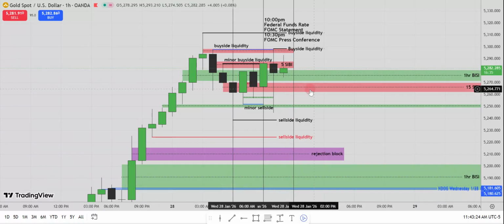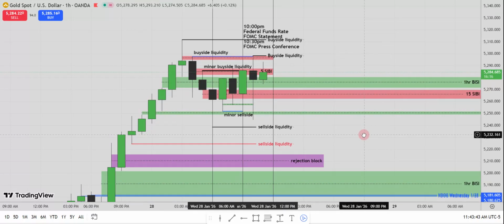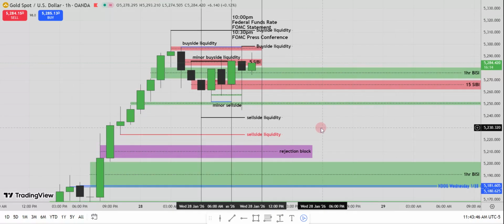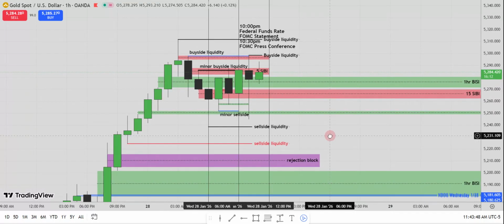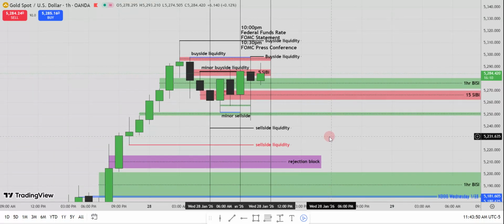On my chart, I have these here. These are buy side imbalance, sell side inefficiency, and I have this small one here, and another one here. I think those are all that I wanted to point out.